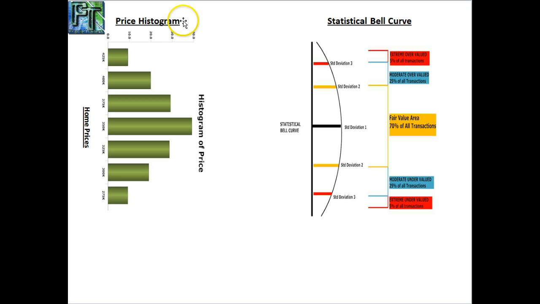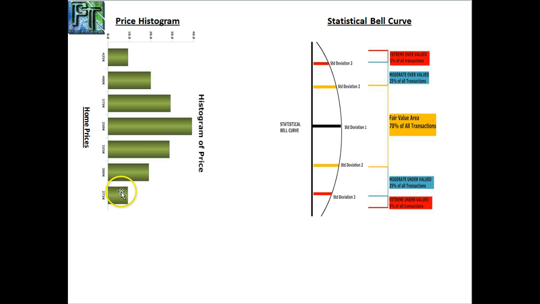So if I take that market information and distribute it within a price histogram, I can then see to the left hand price. So let's say the price range I'm looking at for the home goes from $275,000 to $425,000. This is the range of price that many transactions took place within.